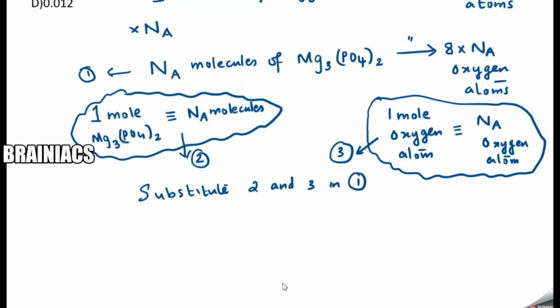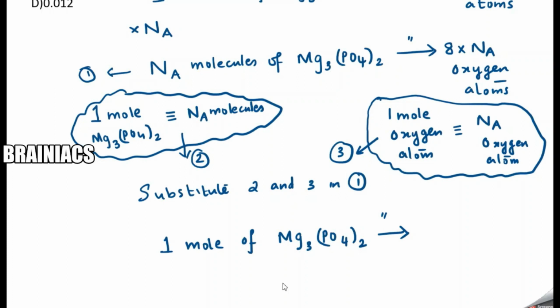Na molecules is equal to what? 1 mole of Mg3(PO4)2. So 1 mole of Mg3(PO4)2 contains 8 into Na oxygen atoms.